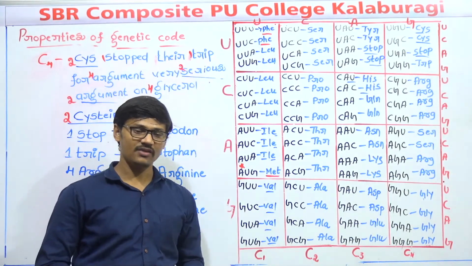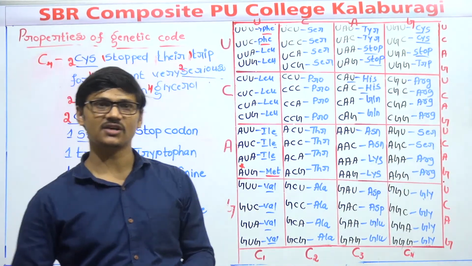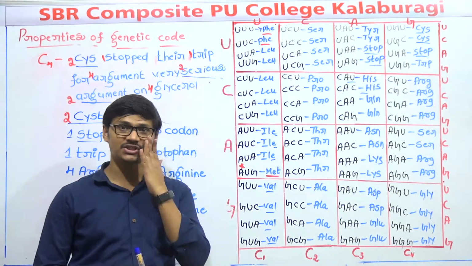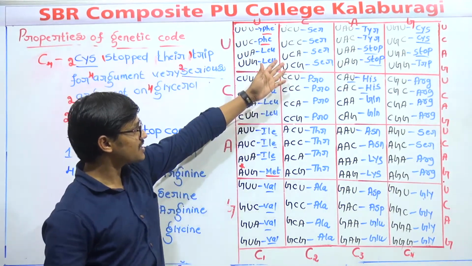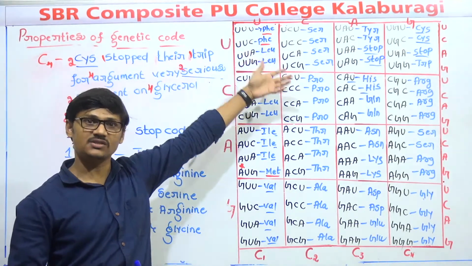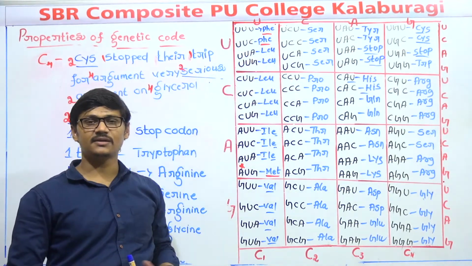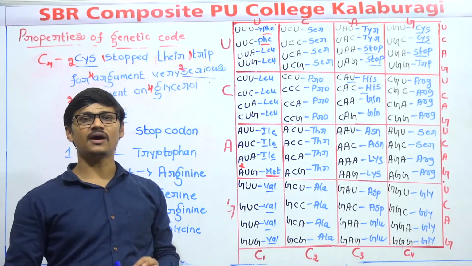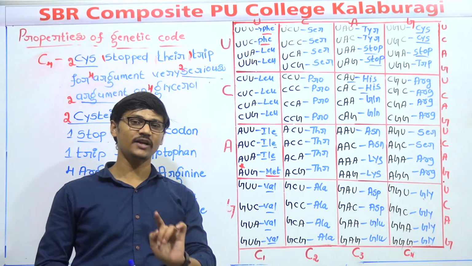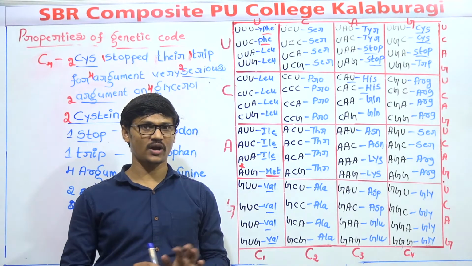So why are we this much bothered about this genetic code table? In NEET examination and particularly in AIIMS examination, they may ask genetic code questions in many ways. Once in an exam, they asked which is the only amino acid that has only one codon.